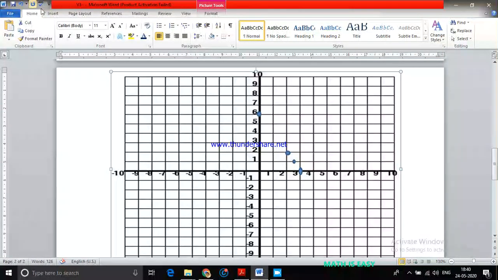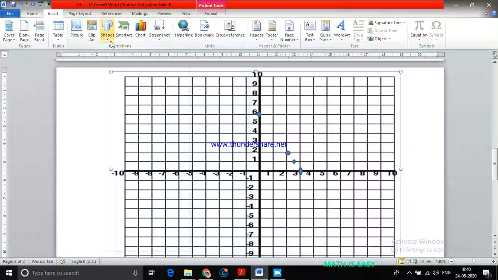Now what I have to do is I have to draw a line which passes through all these 4 points. That's how you will understand whether your answer is right or wrong. If I have only 2 points, there is no way to identify that your answer is right. If I have 3 points at least, I can decide.